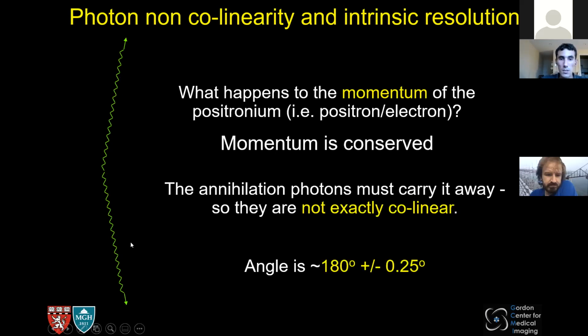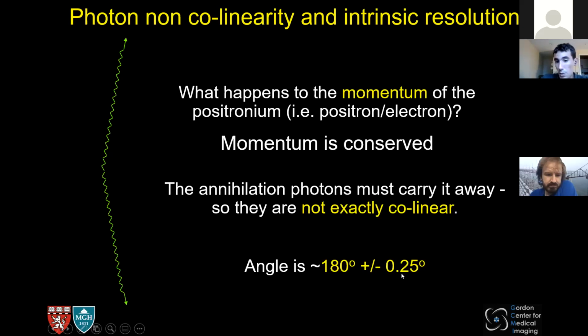So what's going to happen is that the two photons that are going to be emitted are not going to be fully collinear. Okay, so there is a small deviation in terms of the angle of those two photons. So it's going to be 180 degrees plus or minus 0.25. Okay, so it's going to oscillate somewhere around this.